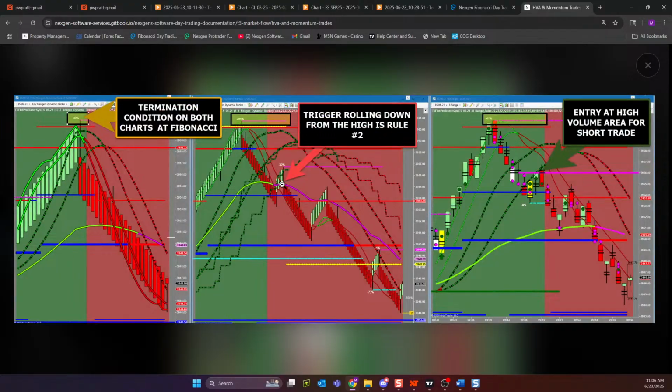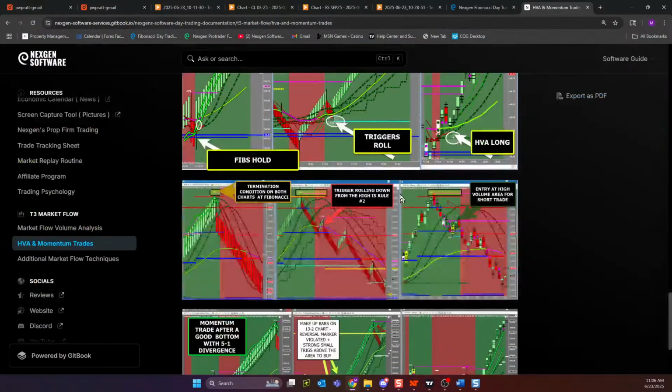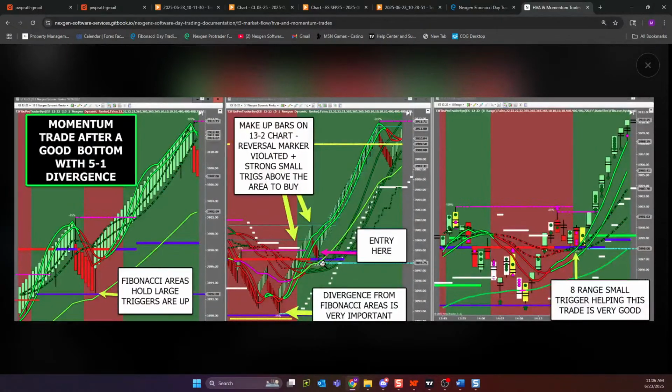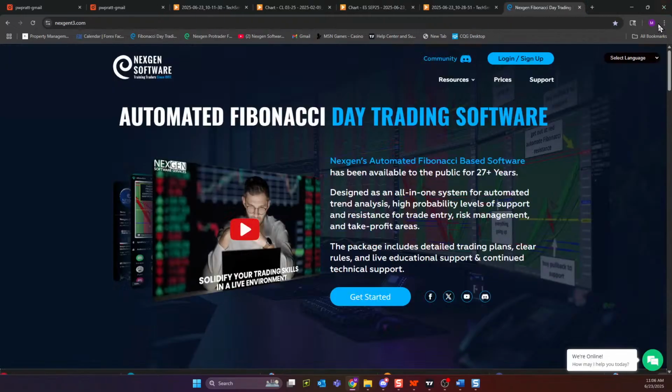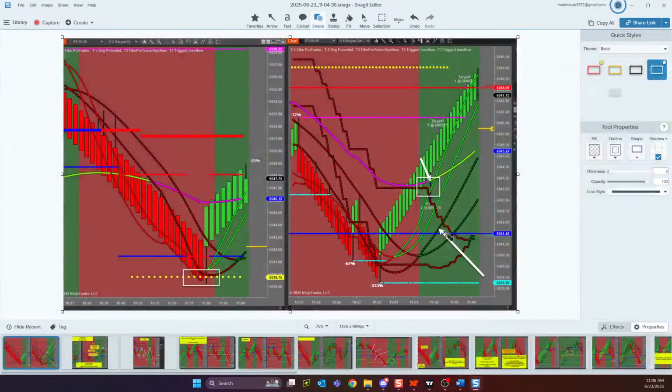It's your snapback to the mid-band, right at the triggers. There's your look. Fibonacci holds. Small triggers get above the area, snaps back to the area. That's your momentum trade. So that's kind of fun to be able to do that live.